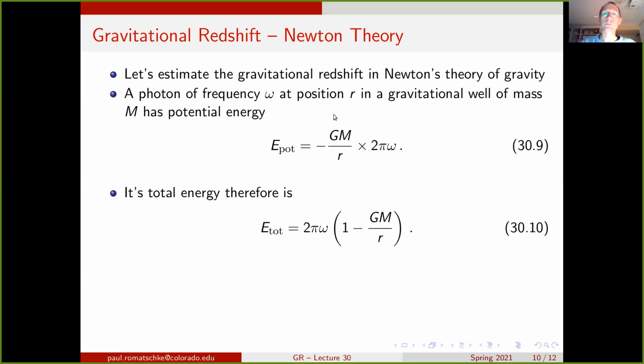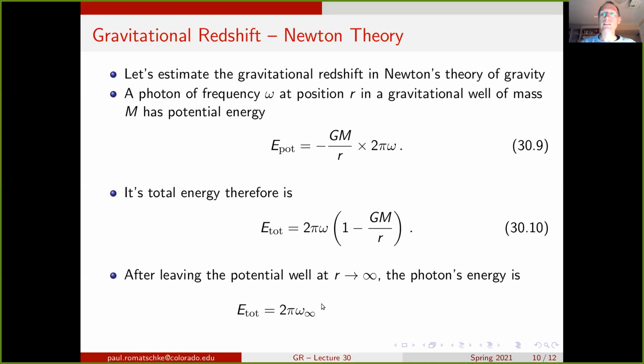So then the potential energy is this expression. The energy of the photon itself is 2 pi omega. So adding these two terms, we find that the total energy, meaning the energy of the photon plus its potential energy, is 2 pi omega times 1 minus GM over R. That's the total energy for a photon in Newtonian gravity.